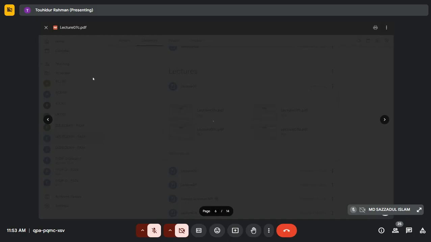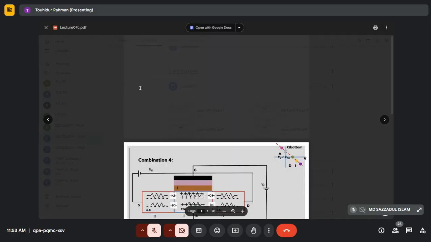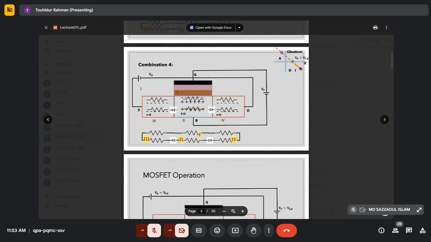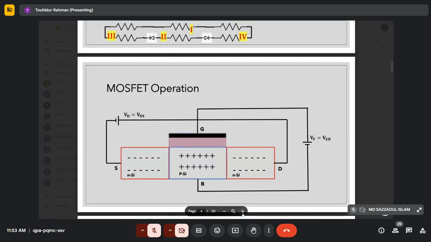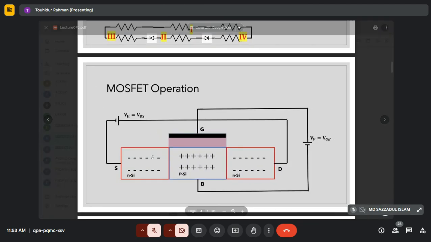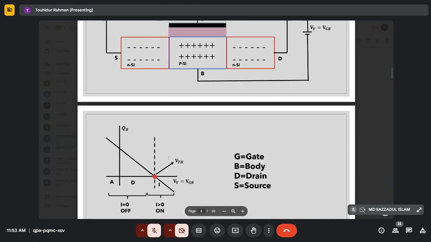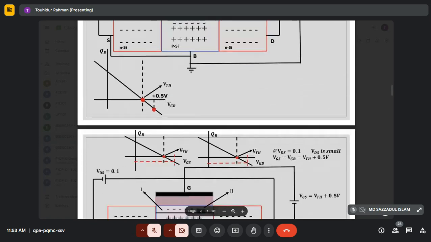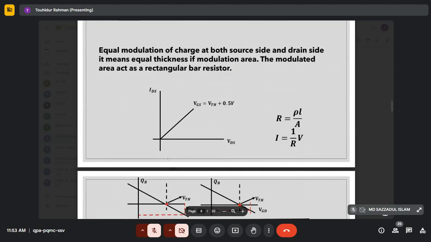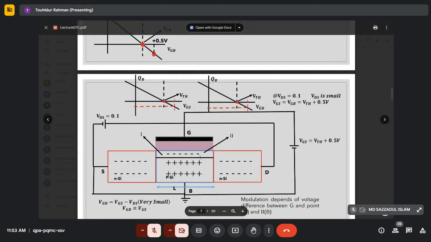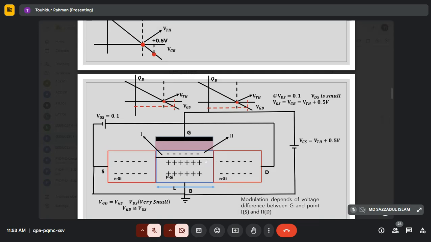Now let's go to 7C. 7C will describe the operation of MOSFET. So here again, I may provide you a structure and a specific voltage, either low, medium, or high. You need to explain what will happen to the charge distribution, what will happen to the resistance, and what will happen to current.